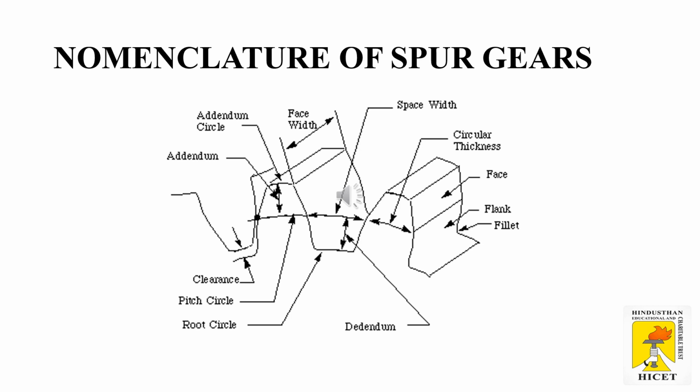The standard modules as per the Bureau of Indian Standards are those for which cutters are readily available in the market. So with the use of this module, we can design gears with a specific number of teeth and size.